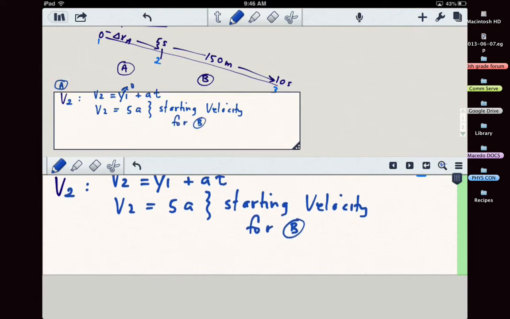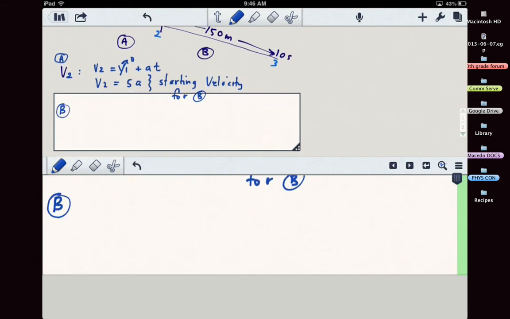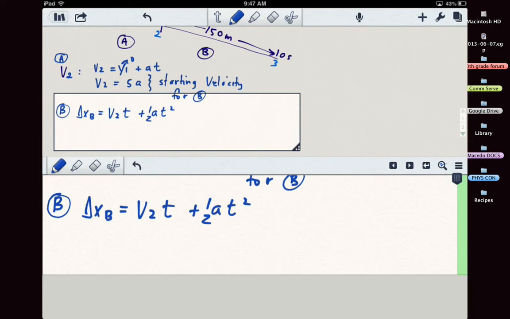So now I'm going to take a look at what's going on in part B. And I'm going to use the equation delta x B equals V2 times t plus 1/2 a t squared. Delta x B is 150 meters. V2 is 5a.